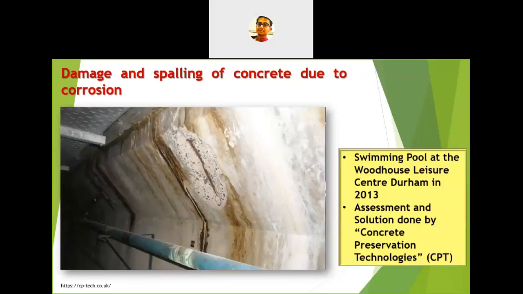Now this is also an example, the swimming pool of Woodhouse Leisure in 2013, a case study, and the condition assessment was done by Concrete Preservation Technologies (CPT). It has been seen that they did a lot of repair work, by patching work and removal of the concrete and all. But it has been seen that again and again the same types of things are happening.